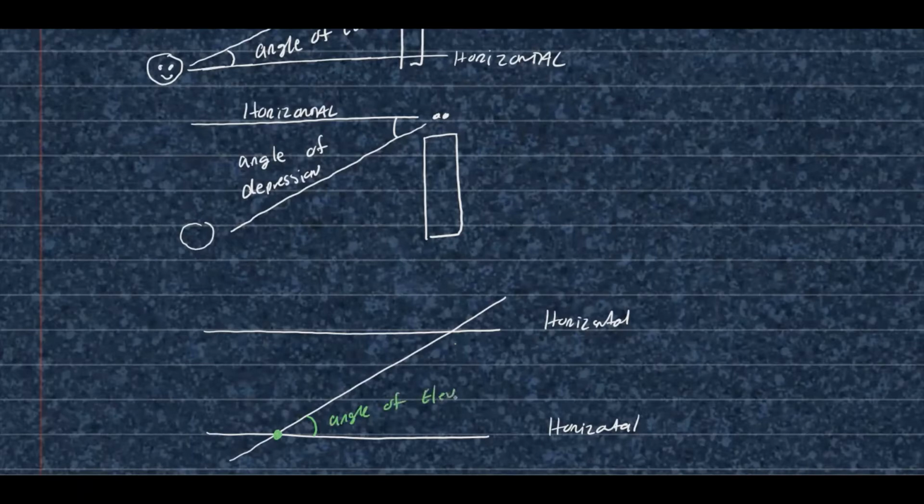Similarly, if we have an observer here looking downward towards something, we create an angle of depression from the horizontal. You can see that these angles are alternate interior angles, and you know from geometry that these angles are congruent.